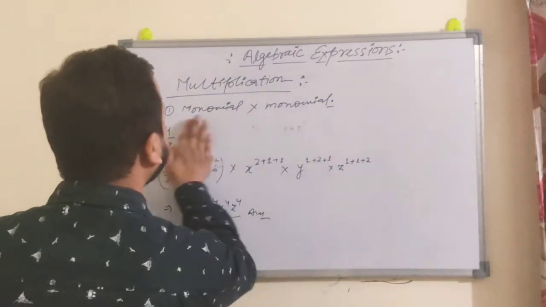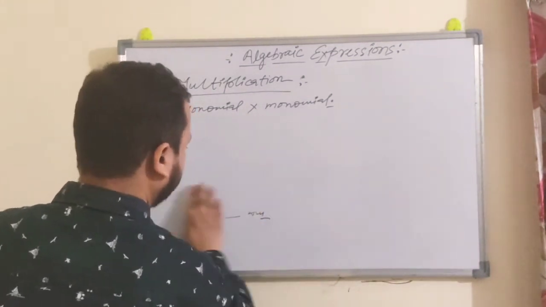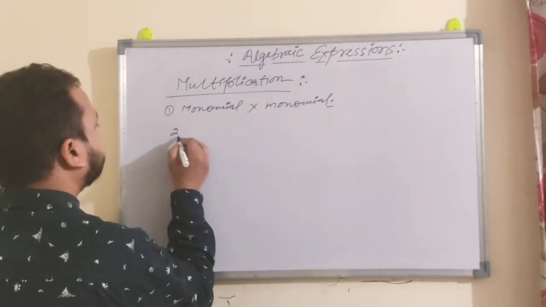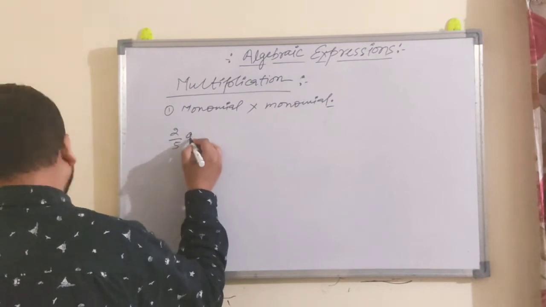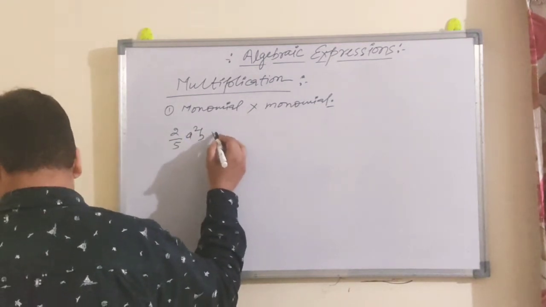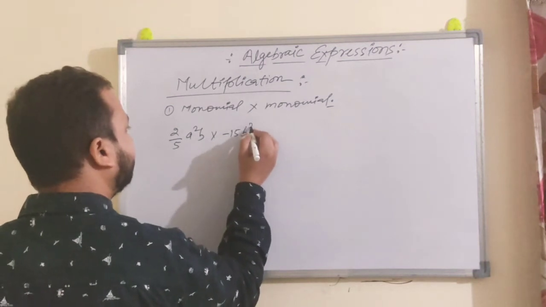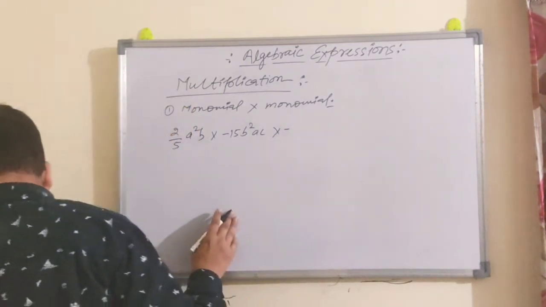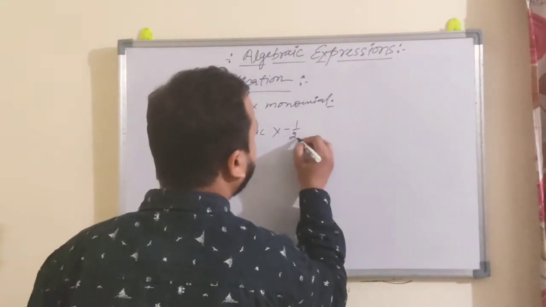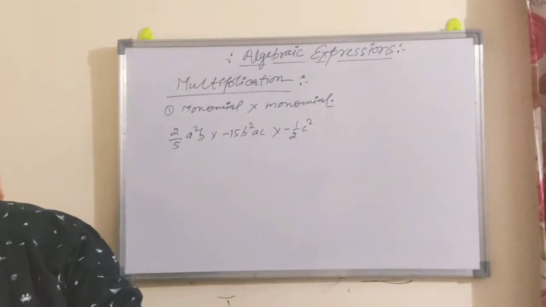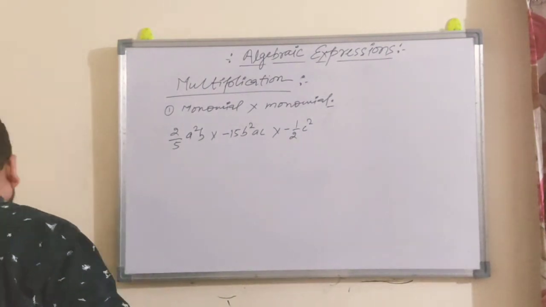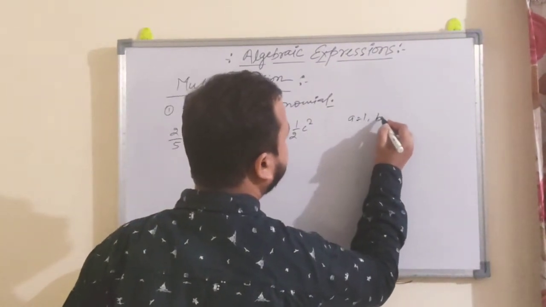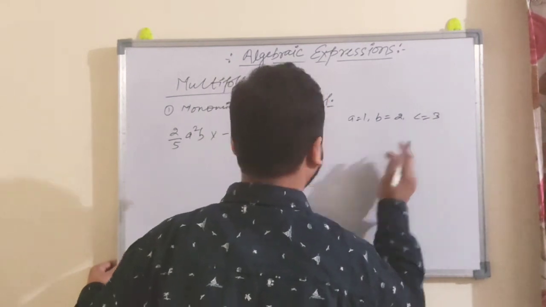The question is 2 by 5 a square b multiply with minus 15 b square a c multiply with minus 1 by 2 c square, and we have to verify the result for a is equal to 1, b is equal to 2 and c is equal to 3.